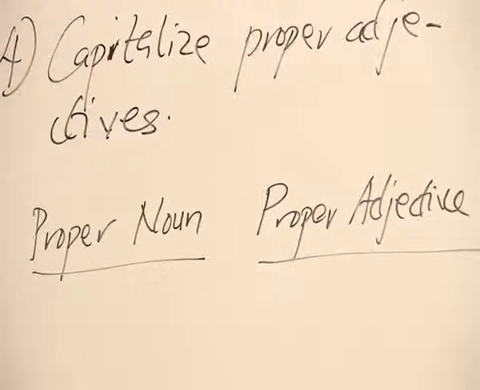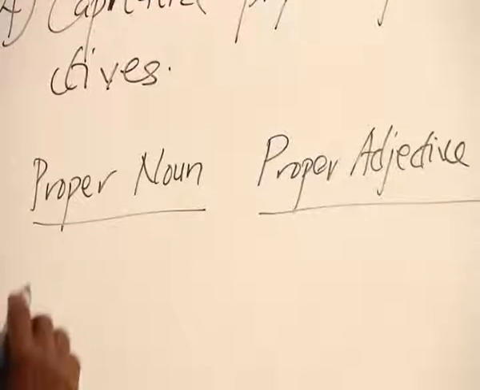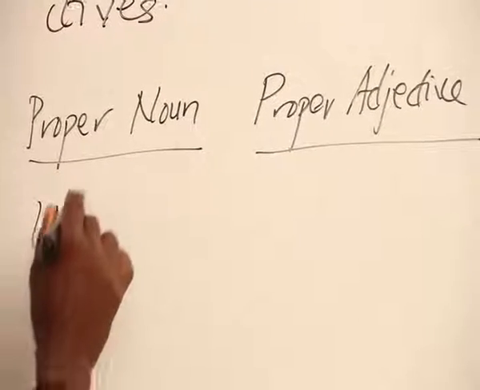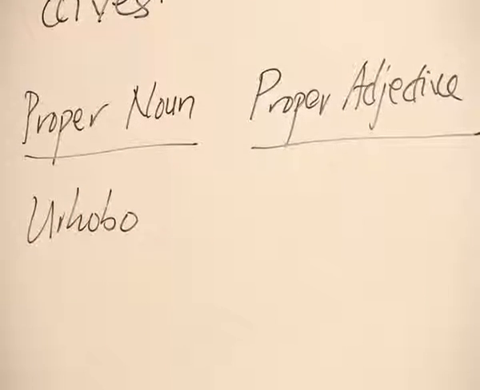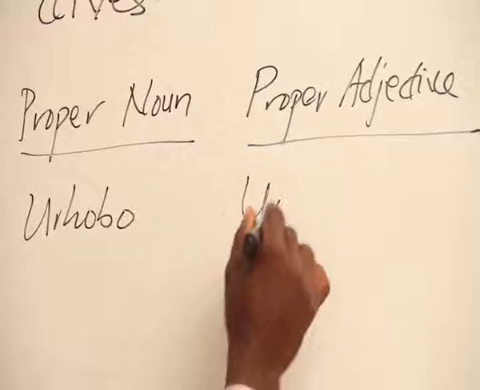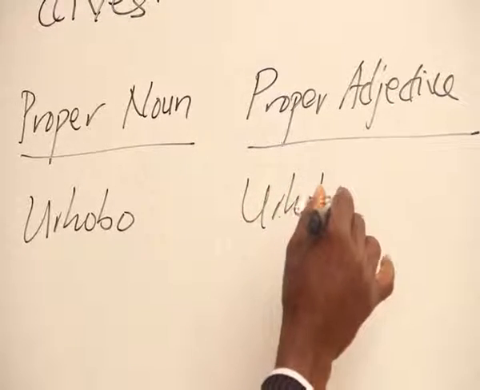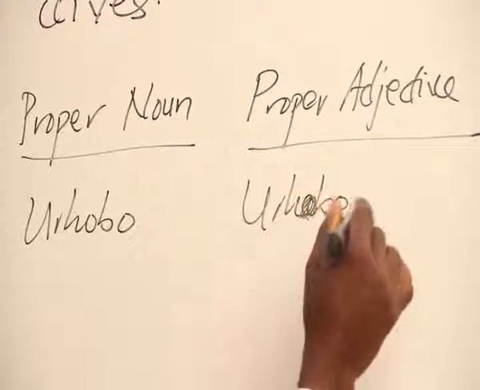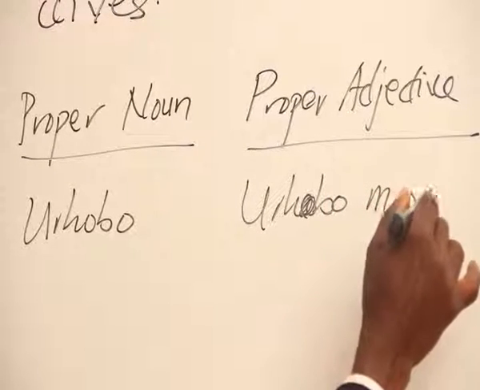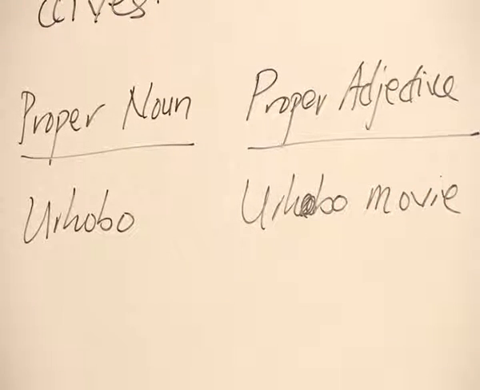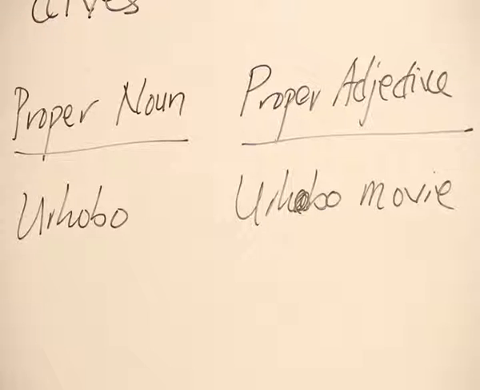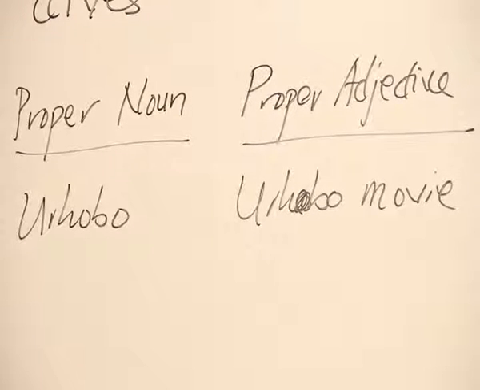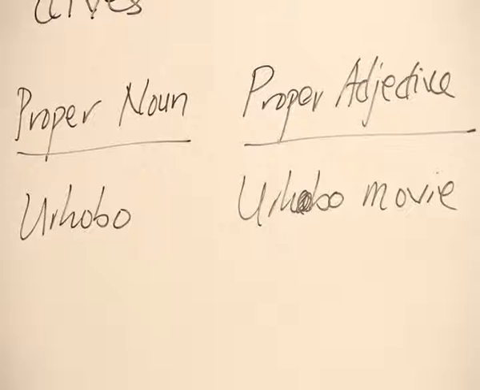Now we can say Urobo. That is a proper noun. Then we can also say Urobo movie. Here we may have no problem because Urobo as a proper noun and Urobo as a proper adjective remain the same. But some other times it's not the case.